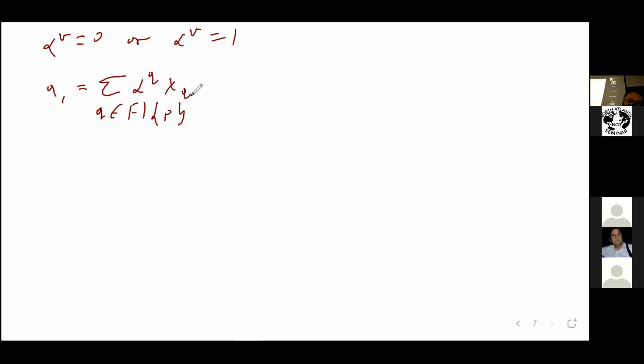Maybe I should write it down. Okay, like this. And if I have any other vertex, of course, it will be annihilated by chi V. So these are indeed these chi Qs. I mean, Q is definitely a loop based in V. And then either we have that's it because we have alpha V equal to 0, or A2 is equal to such a sum.